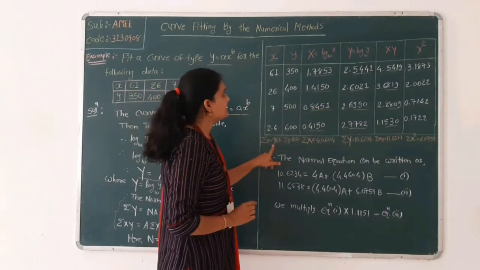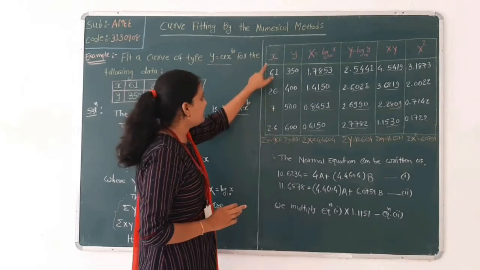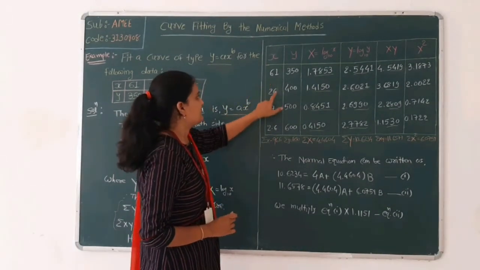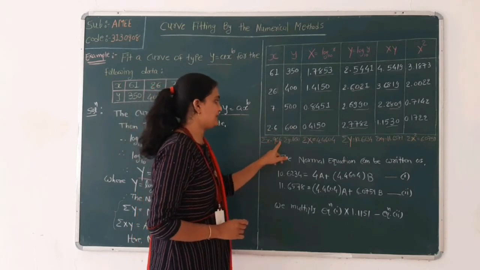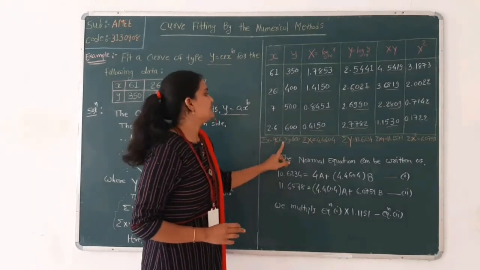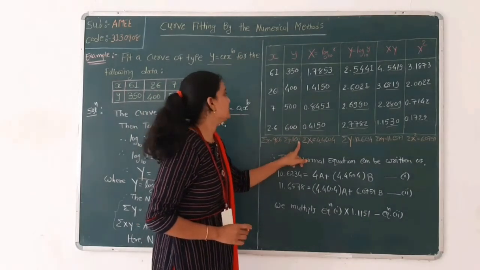Now we find the summation. So using the calculator we add the data. So 61 plus 26 plus 7 plus 2.6, summation x is 96.6. Same way, summation y is 1850.